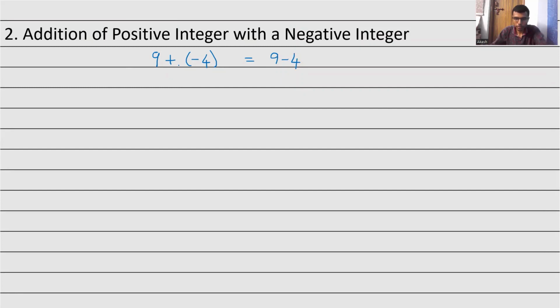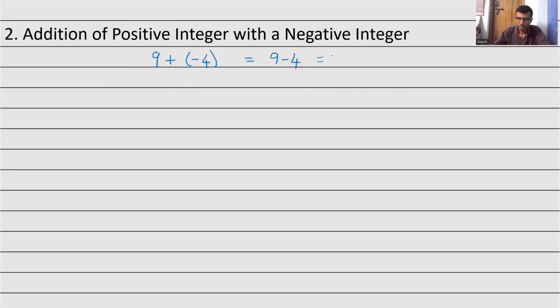Just because brackets come, nothing changes. Some students have this confusion that plus into minus is there. See, plus into minus is minus, you can write it like this. There's nothing wrong. Plus of minus, at the end, you are going to get minus. So it's nothing but 9 minus 4.